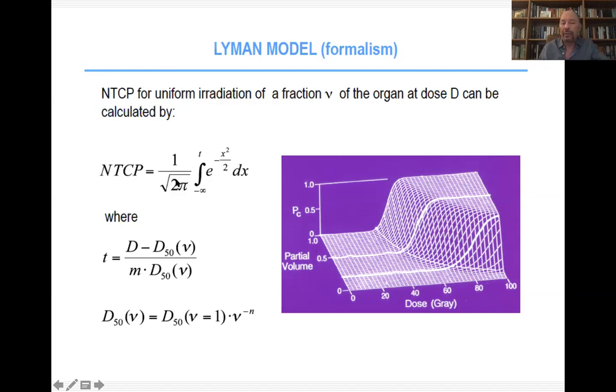So you do 1 over square root of 2 pi, which is a normalization factor, integral between -∞ and t of e to the minus x squared over 2, where t is given by (D - D50) divided by m times D50, and D50, which is a function of the volume, of course, D50(V) is given by the D50 for the whole organ times V to the power minus n, and m is another correction factor which is used here.